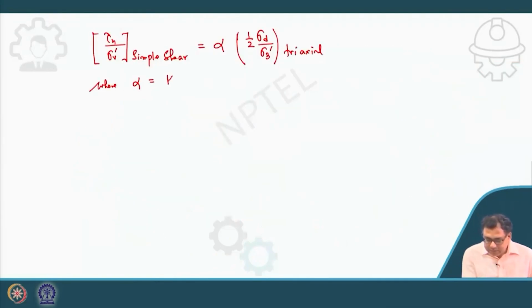So alpha will be k0 for case 1 and case 2.